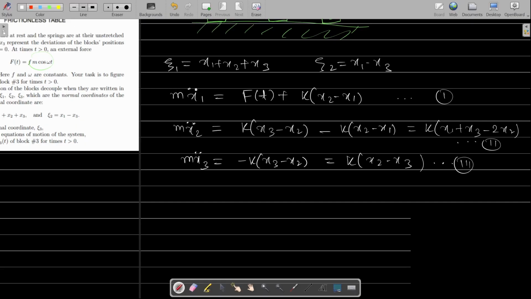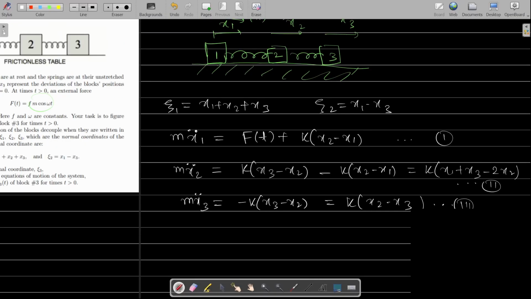Now it's quite easy to see why psi1 and psi2 are normal coordinates. For example, let's consider psi2.